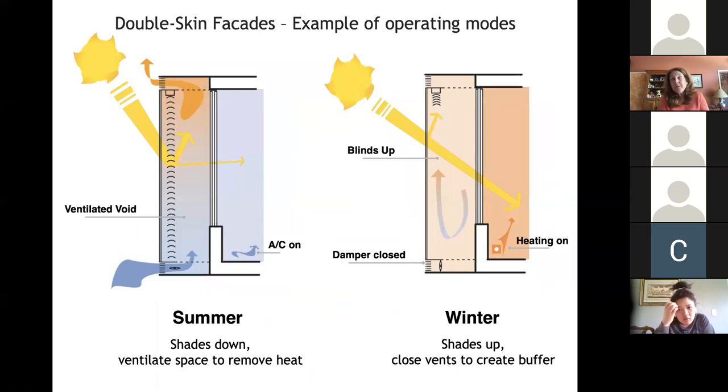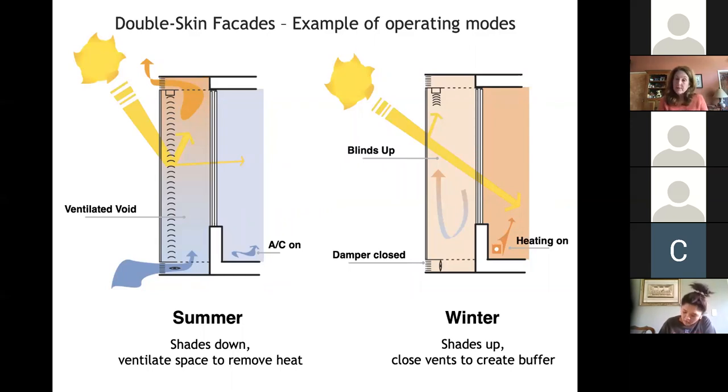So for example, in the summer, the goal is to keep the heat out. So the way you might operate it is to put the blinds down so that it reflects the sun, minimizes how much heat gets into the building. And then you keep the inner pane closed, and you ventilate that space to remove any heat that's accumulated.